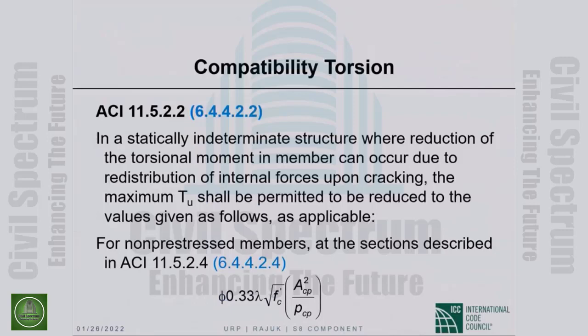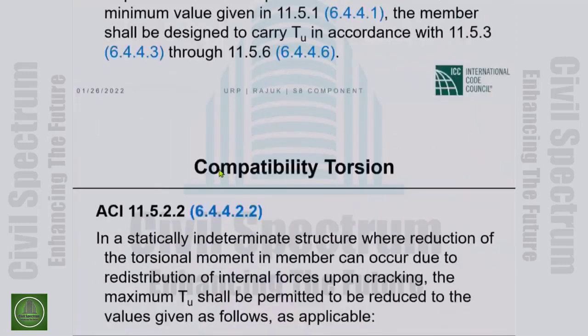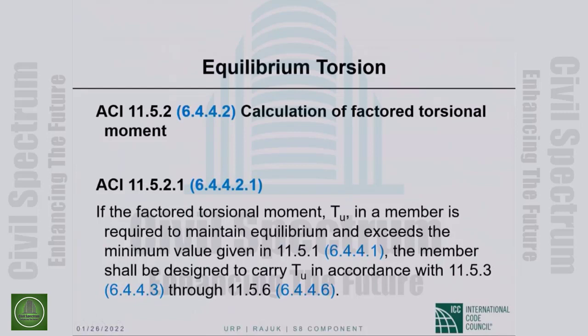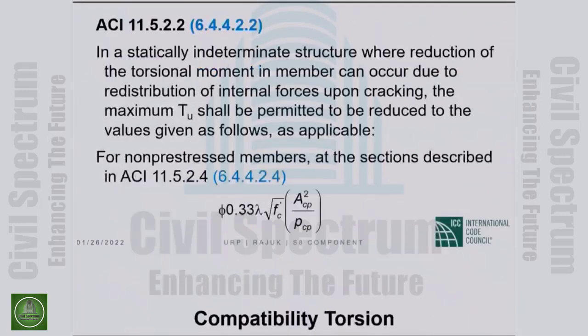Okay, so the threshold torque in a statically indeterminate structure where reduction of the torsional moment can occur. So this is equilibrium torsion. The member shall be designed to carry T sub u, and let me come back here.